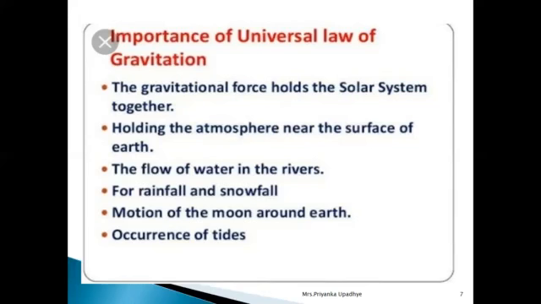Newton used this law to explain the motion of planets around the sun, the motion of the moon around the earth, and the motion of free falling bodies. If you throw something up, it always comes down. It is because of gravity.